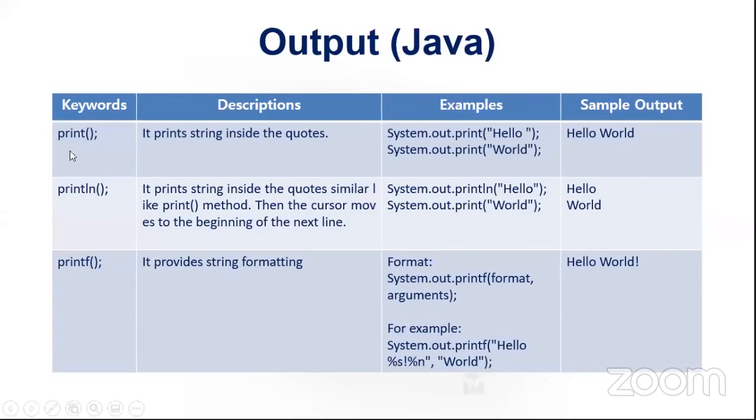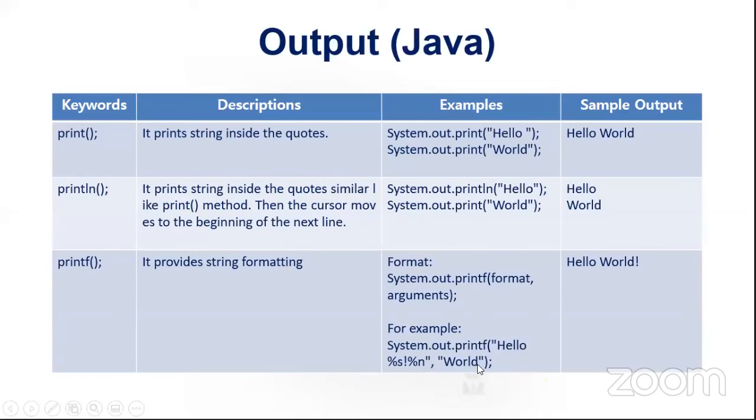Then for output, you have println and also printf. Basically, the difference between them is that println will display them in different lines, and printf provides string formatting. For example, here is a Java sample: System.out.printf("Hello %s!%n").